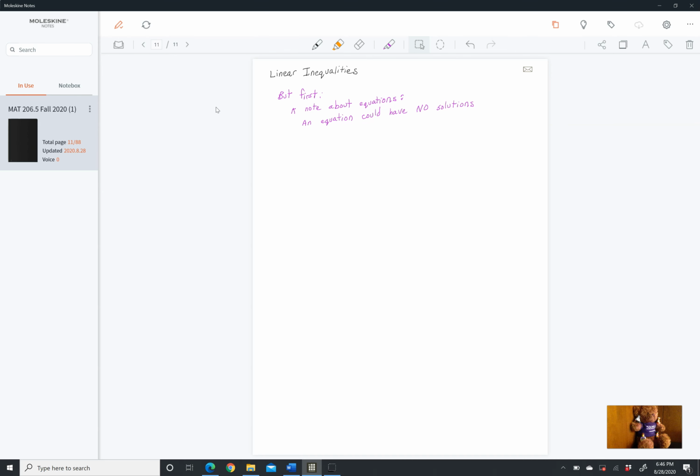Okay, so what's an example of this? If you're thinking about two lines, and you're saying that the two lines have no solution, a solution when we're talking about two lines is where those lines intersect. So think about parallel lines. If you're thinking about an infinite number of solutions, then you're talking about the same line, okay?